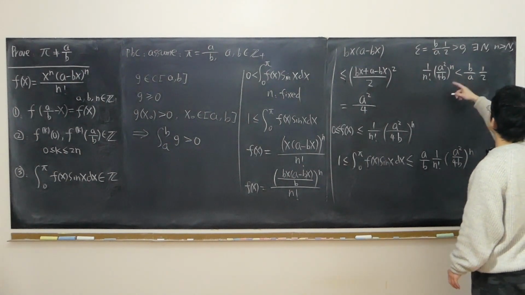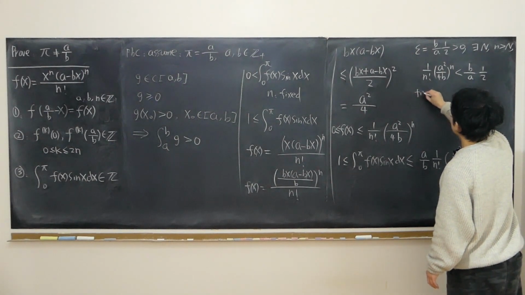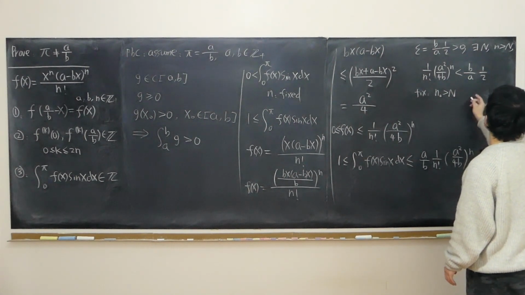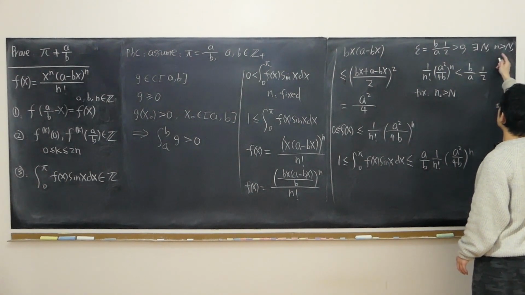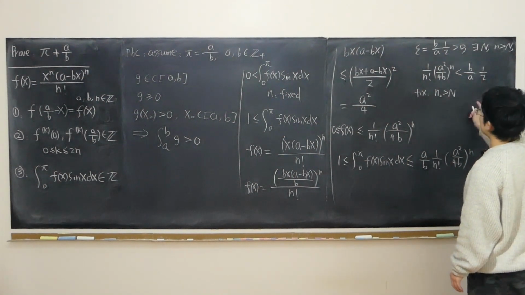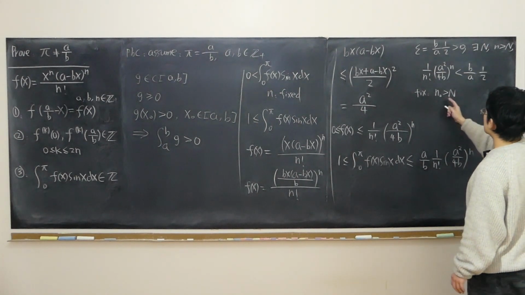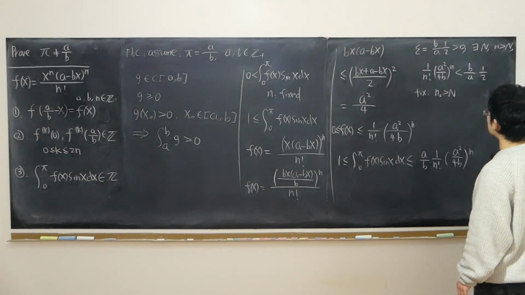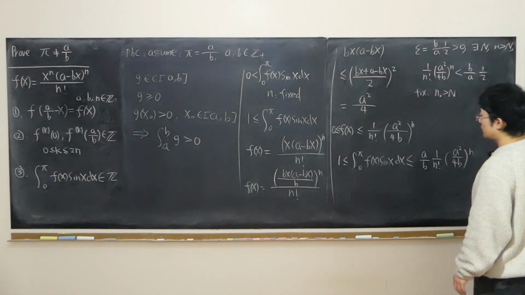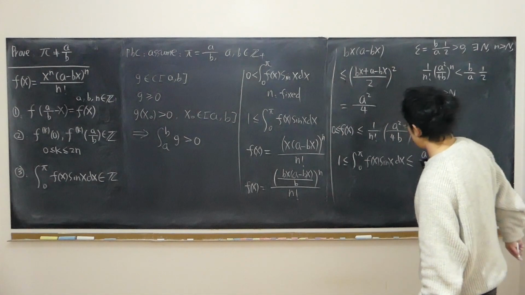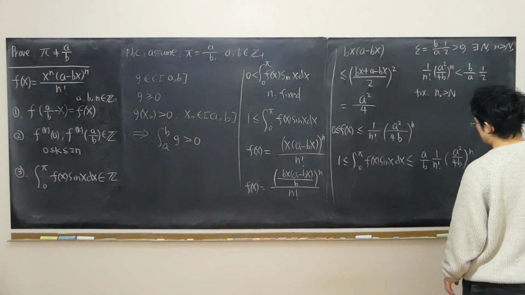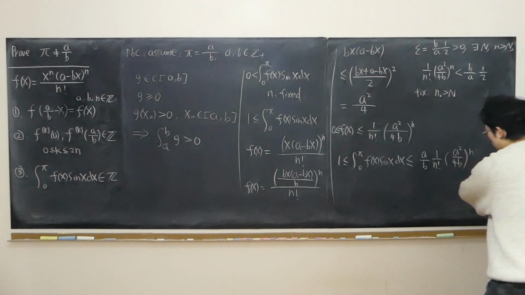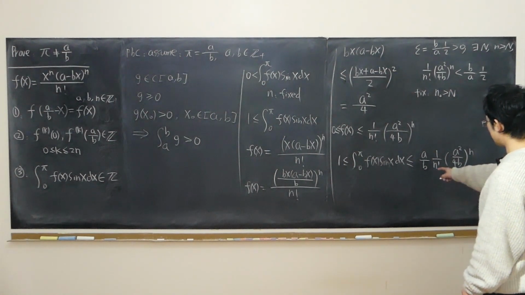So I'm going to fix some n naught that's larger than capital N. It says for any small n that's large enough, larger than the fixed capital N, this inequality is true. Therefore, if I fix some n naught larger than the capital N, it should also remain true. So if n is fixed to be n naught, this inequality is always true. Just replace.